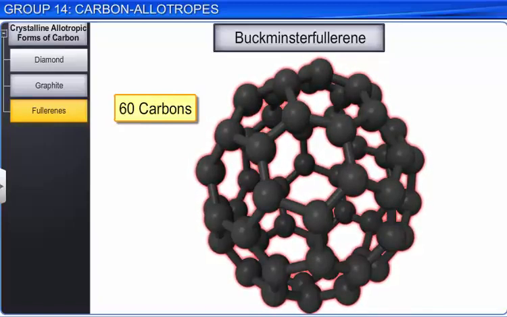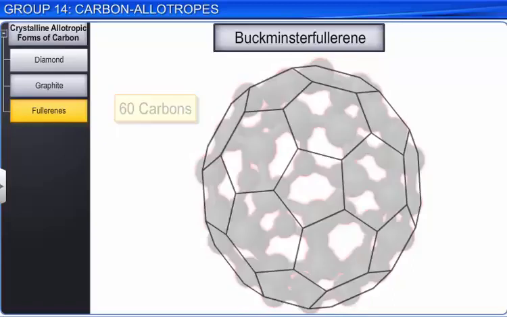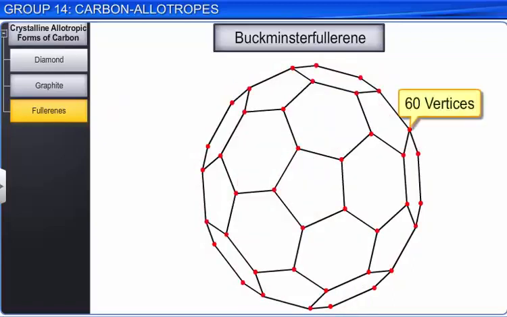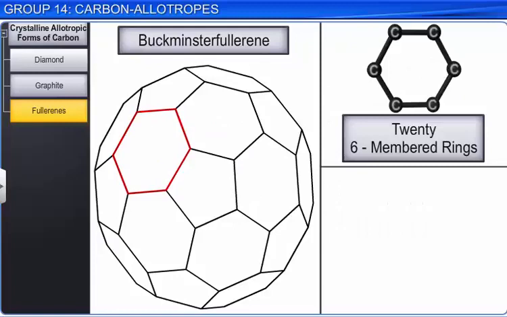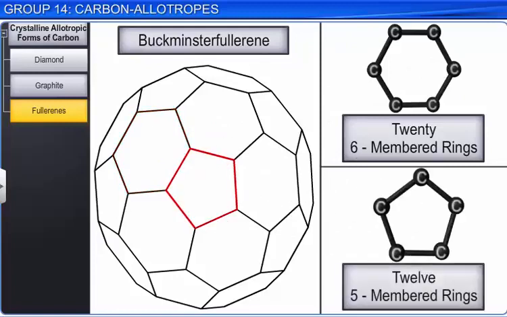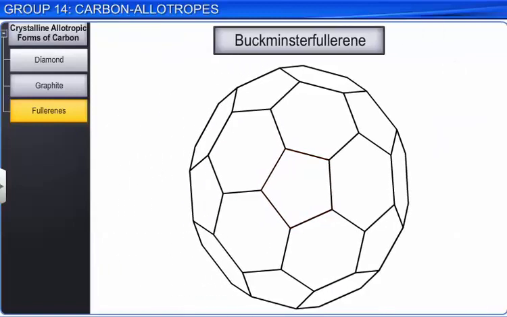This ball-shaped molecule has 60 vertices, each occupied by a carbon. It contains 20 six-membered rings and 12 five-membered rings. A five-membered ring is fused with only six-membered rings, while a six-membered ring is fused with six- or five-membered rings.